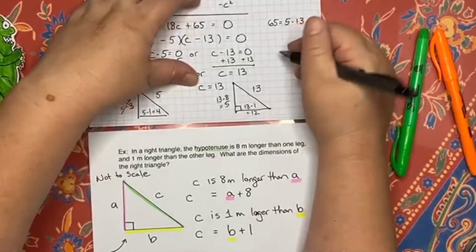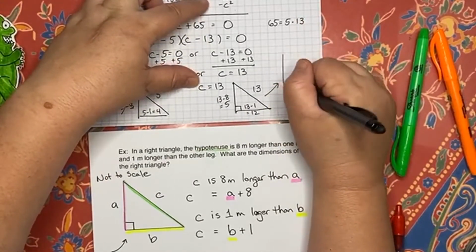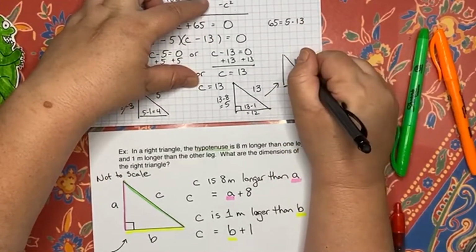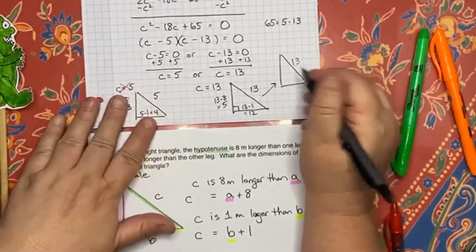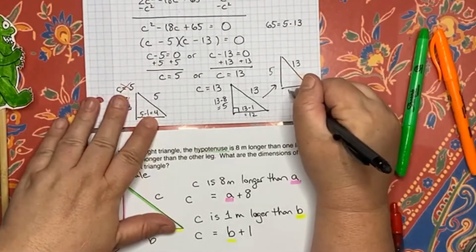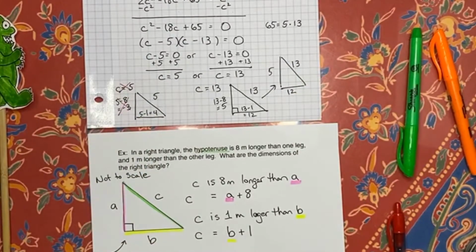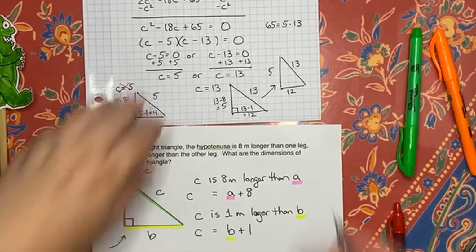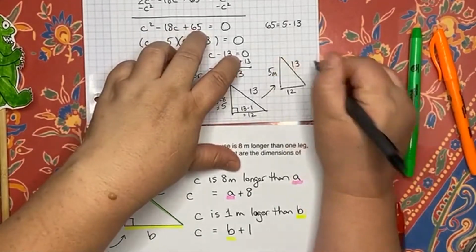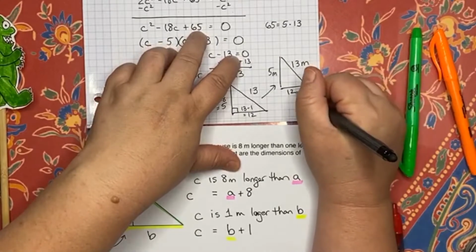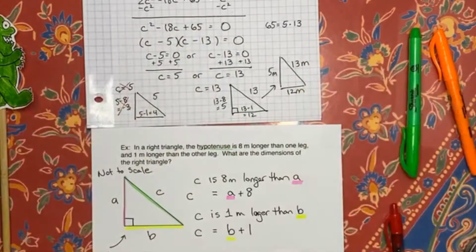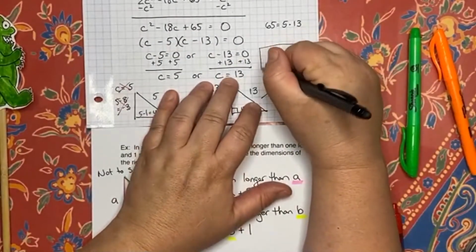Oh, look at that. So I've got a triangle that looks like this. 13 here, 5 here, and 12 here. That's one of those Pythagorean triples if you watched the previous video. Okay, and then what were the units? The units are meters. This is the correct answer right here.